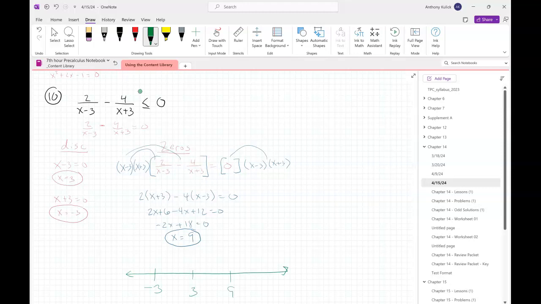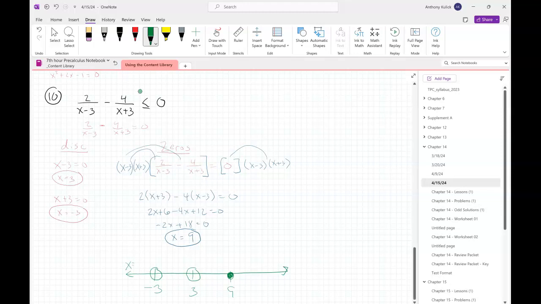The discontinuities always get open circles. The zeros depend on whether it's a strict inequality or an or equal to inequality. Since I have an or equal to inequality, that should be filled.